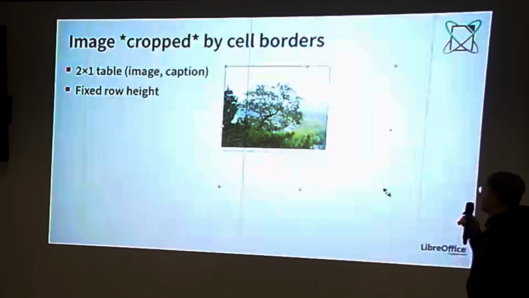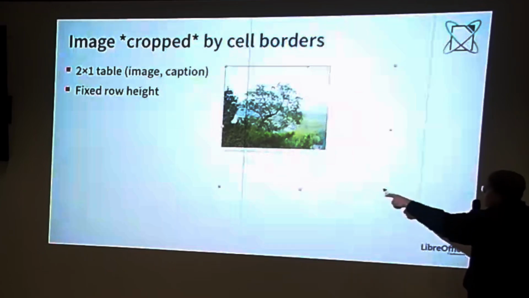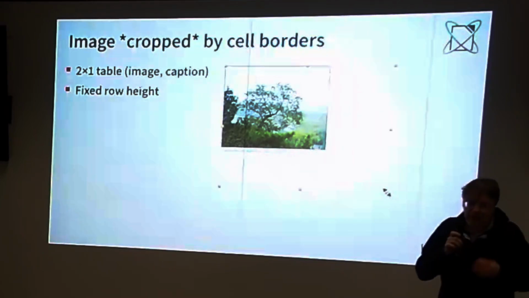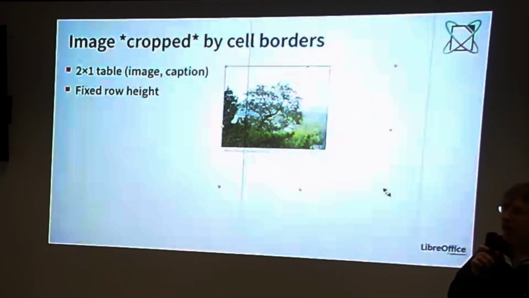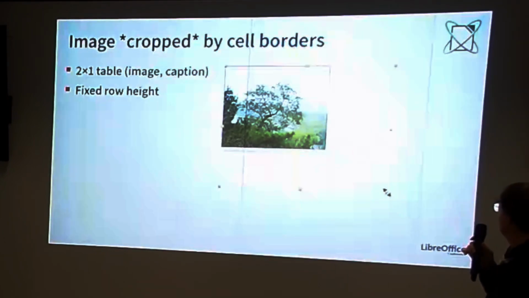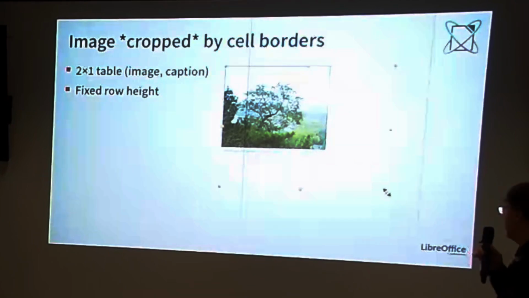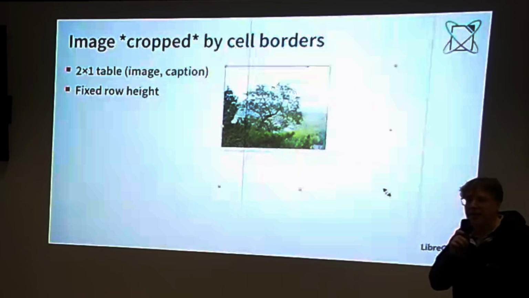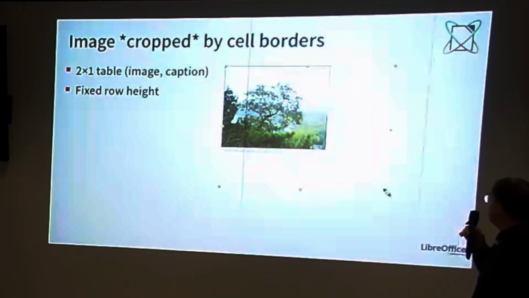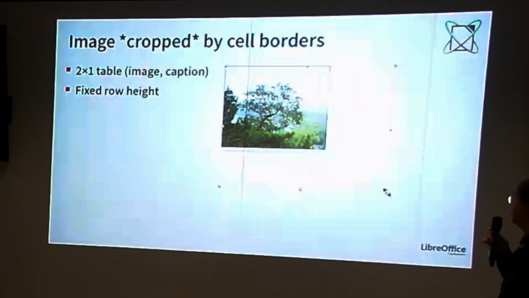size of the pictures. These small symbols show the actual size of the picture, but the right and the bottom part of the picture is cropped by the table boundary.